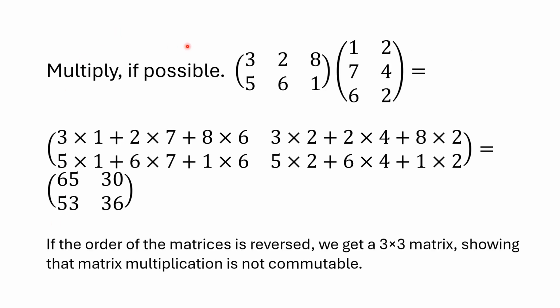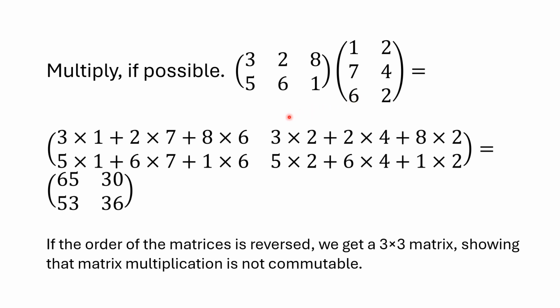So here we have a matrix, 2 rows, 3 columns, and we can multiply by a matrix, 3 rows, 2 columns. Since the number of columns of the first matrix matches the number of rows of the second matrix, the product is possible.